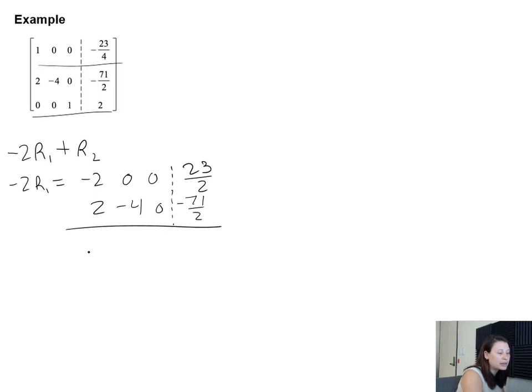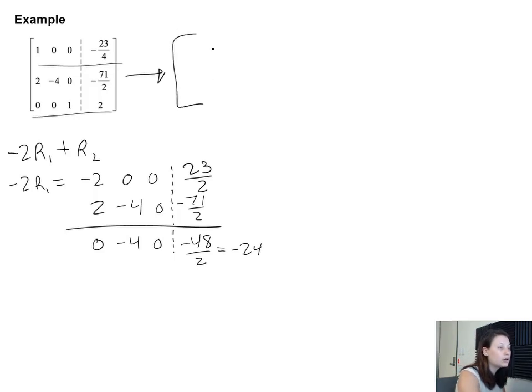So if we add these together, what do we get? Well, 0 and a -4 and a 0, and then 23 and -71. What is that? So we have 23 minus 71, that's -48 over 2. Well, that can be simplified. That's just -24, right? So our new matrix is 1, 0, 0, -23 fourths, 0, -4, 0, then -24, 0, 0, 1, 2.